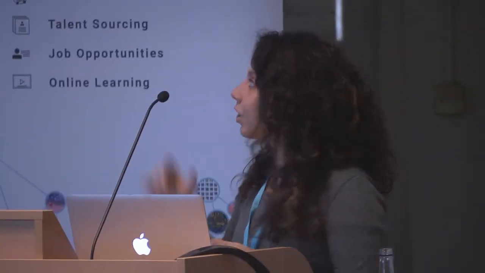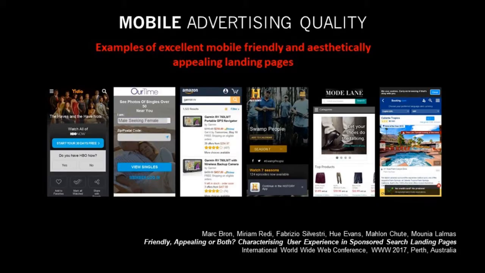And the second application, still in advertising, is about mobile advertising. Briefly, we did a project in which we wanted to automatically detect the pleasantness and the degree of mobile friendliness of advertising landing pages in mobile advertising.